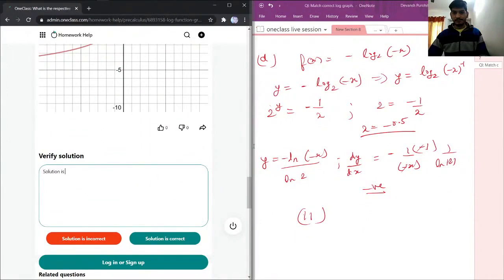The solution is incorrect because for B it will be number 4.